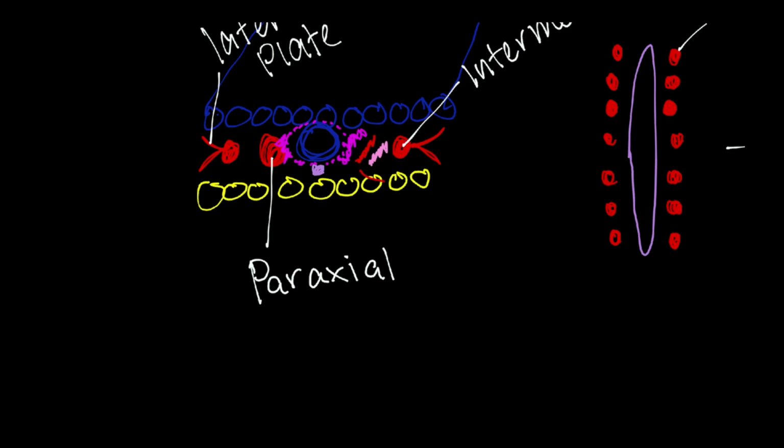And as these cells are migrating, a spinal nerve will also travel with them. And that's where we get dermatomes and myotomes in the adult body. This is the embryological origin of dermatomes and myotomes.